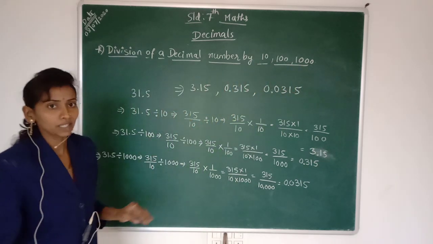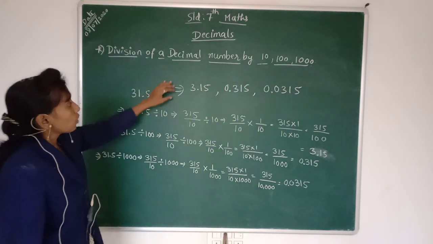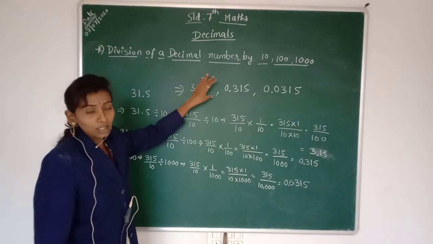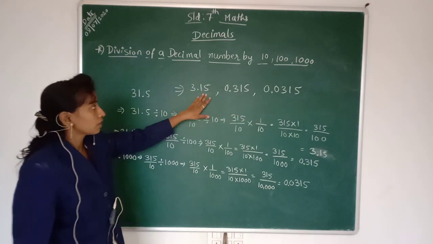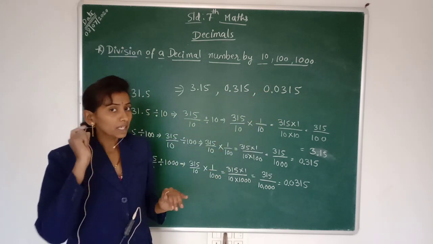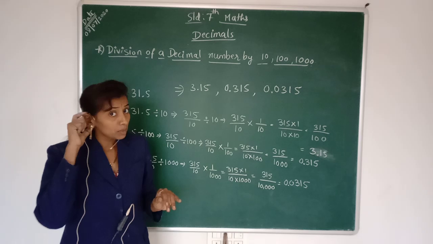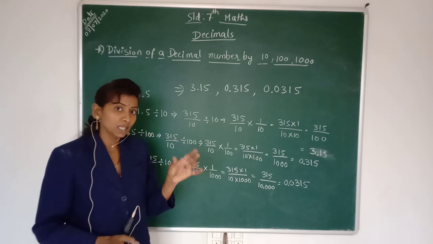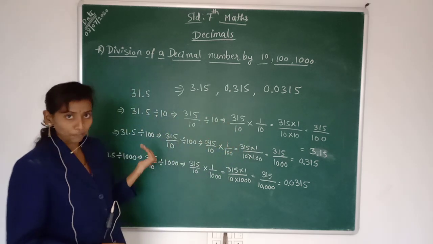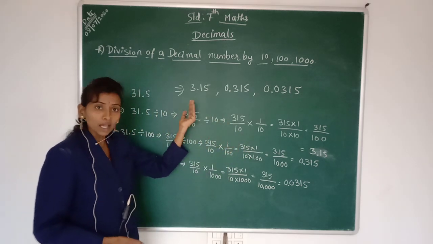What happened to the decimal point? Whatever digits were given remain as they are. These are the quotients, 315, and the digits of the quotients are the same. But the decimal point is moving towards the left.